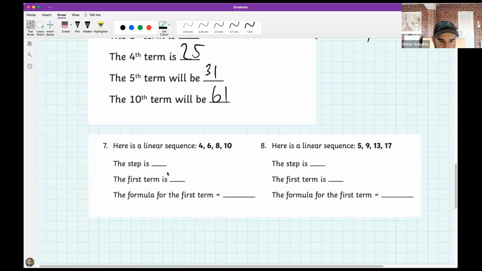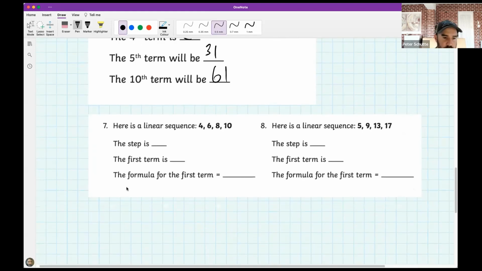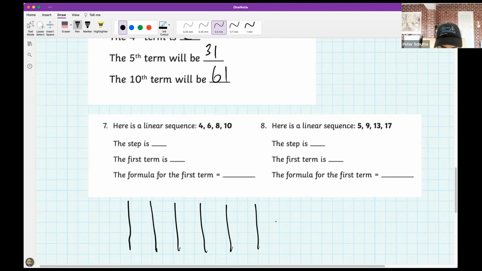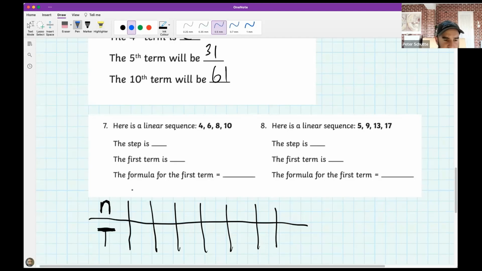So what I want to do first is give some language for each of these things. I'm going to draw a little table here to help you understand. In the first part of the lesson, I talked about the position number. I'm going to call that N, for position number. And we called the value of the item in the list a term, so we'll call that T. You probably have seen this before, but sometimes it gets a bit quick in class.